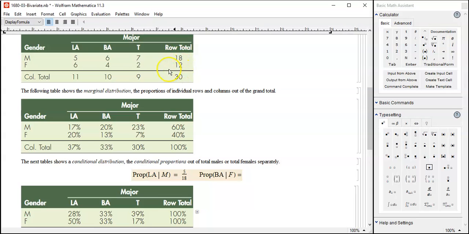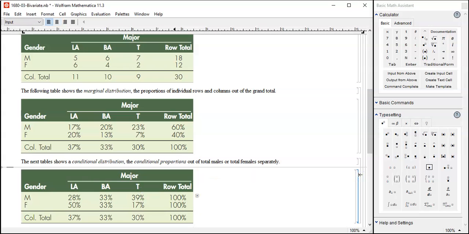So 12 is total. So how many business majors are there? There are only 4 because we are not considering men at all under the new condition. So this is going to be 4 out of 12, and that's going to be 33%. Previously, that was 5 of 18, 28% approximately speaking.